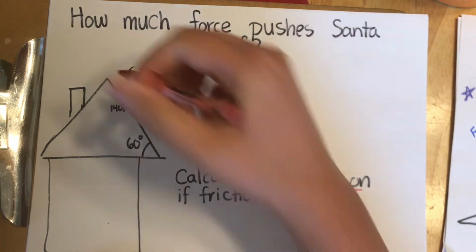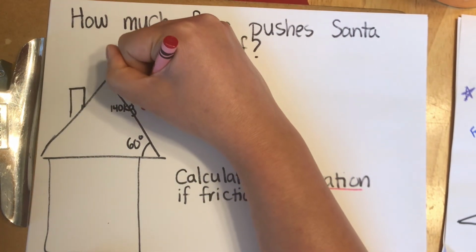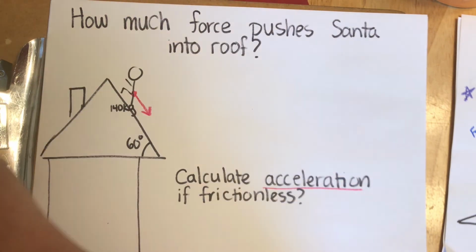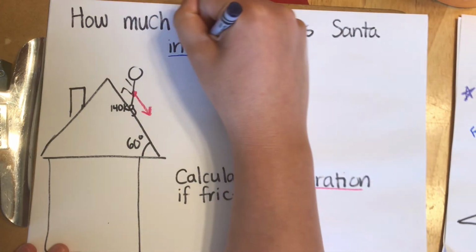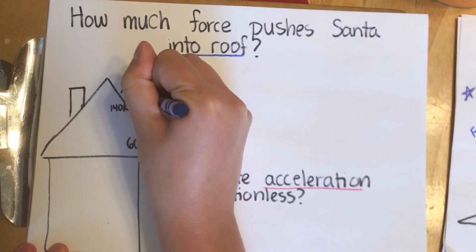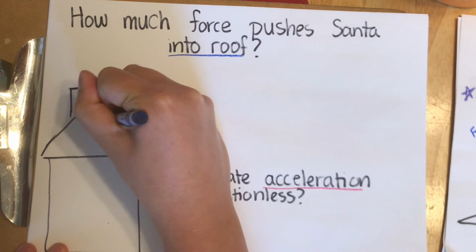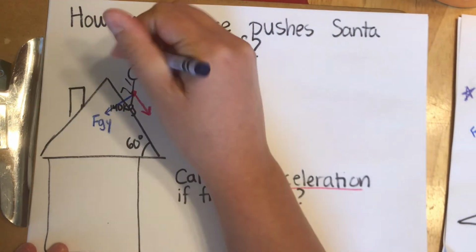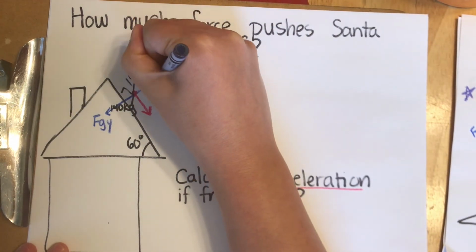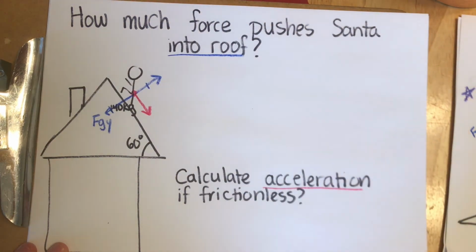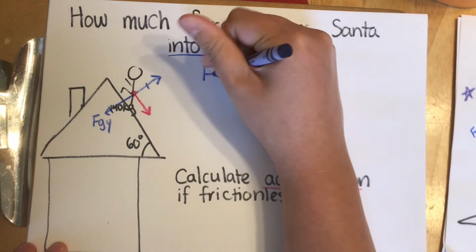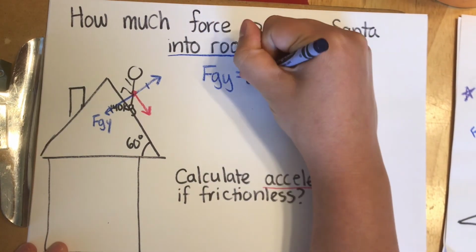So I'm going to use this last example to show us how acceleration doesn't depend on the mass of an object, even if that object is Santa. So let's say Santa is climbing this roof at 60 degrees, and it is unfortunately frictionless. The force that Santa is being pushed into the ramp, the force that would break through the roof of this poor person's house, is proportional to his weight.